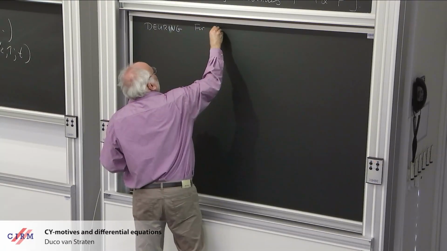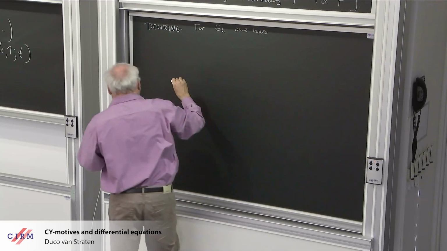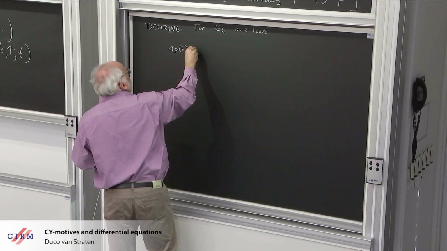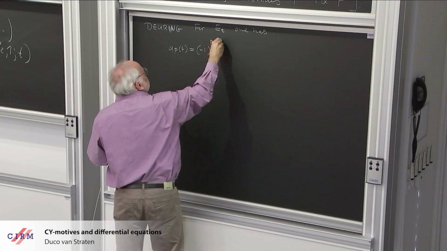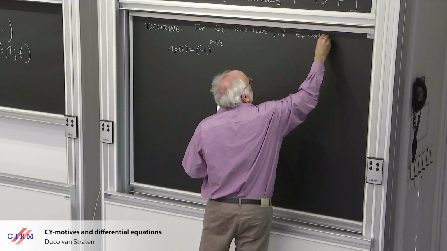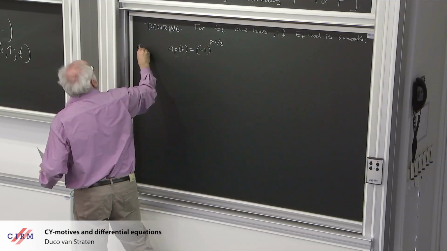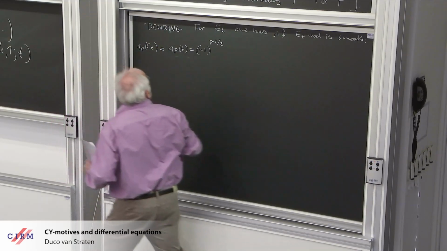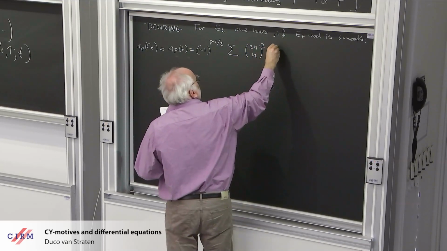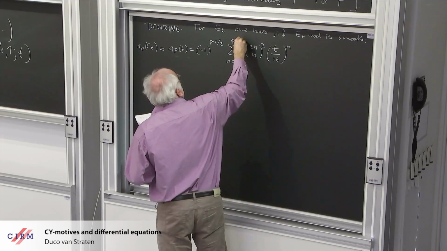if E_t mod p is smooth, then the number of points, so this is just the a_p of E_t, is exactly the same solution.